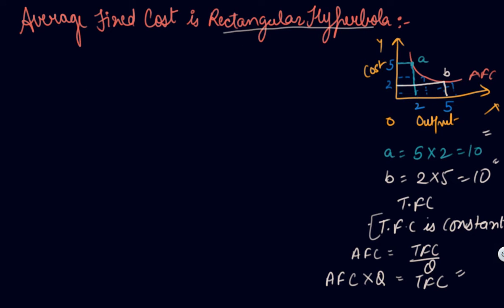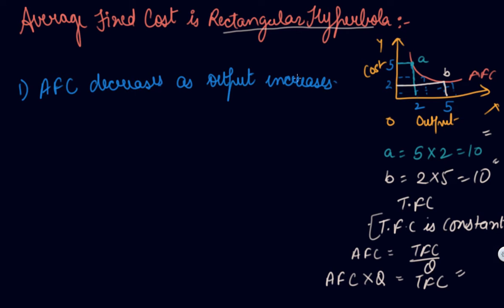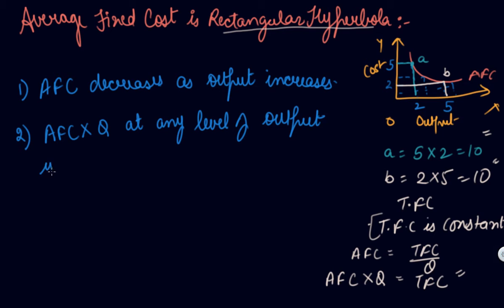See, number 1 point is your average fixed cost decreases as output increases. As your output is increasing, your average fixed cost is decreasing. Number 2, we have your AFC into Q at any level of output is the same.